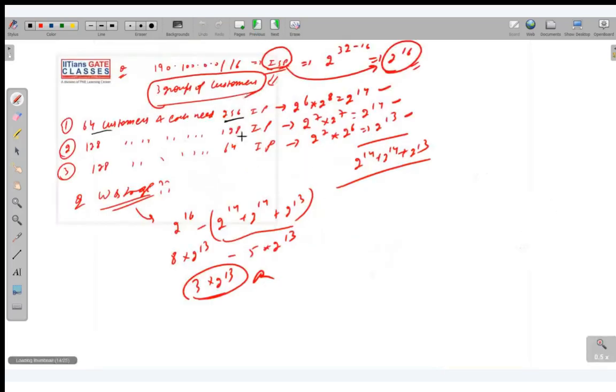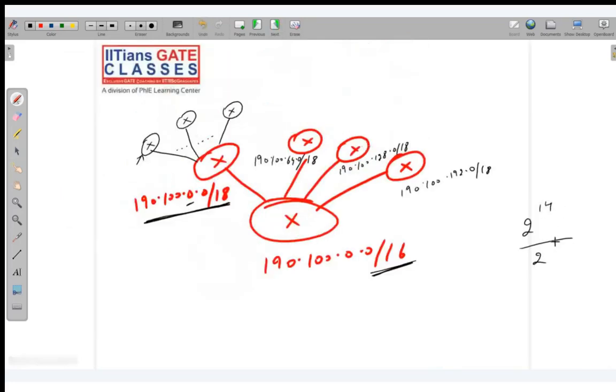By the way, we have 256 IP addresses each, and you can calculate from here also: 2 power 14 divided by 2 power 6 is 2 power 8, that is 256. So each router is going to handle 256 IP addresses. 256 means 2 power 8. So 32 minus 8 is 24, or you can say 18 plus 6, that is also 24. So I will write here the first address will be 190.100.0.0/24. Please let me know if you have any doubt here.